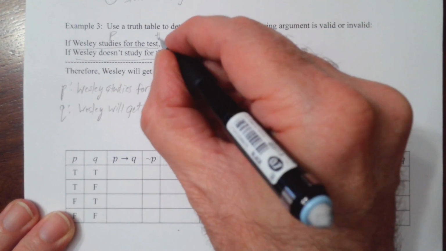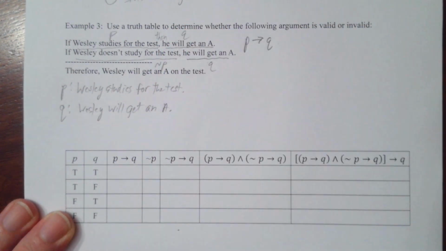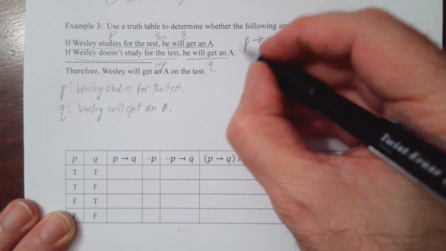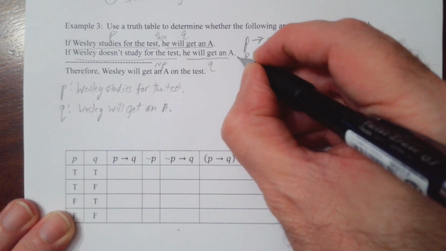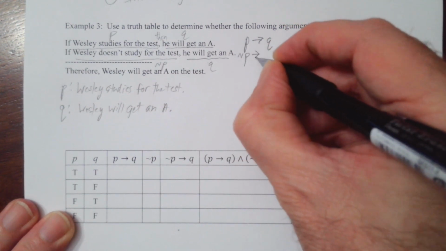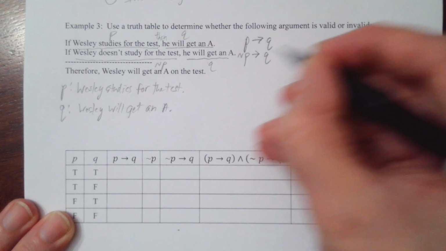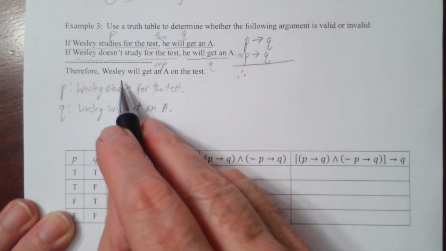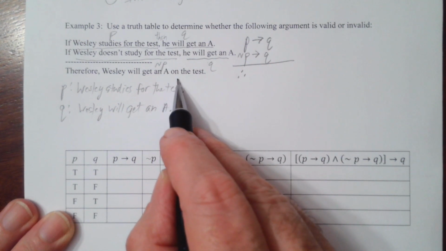Now notice the word then is not here, but this is really an if-then statement. If Wesley studies for the test, then he will get an A. I probably should add the then in there. So if he doesn't study for the test, that's not P, then he will get an A. That's Q. Therefore, that's my 3 dots, Wesley will get an A on the test.